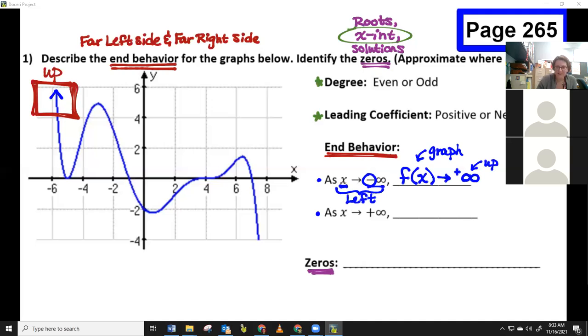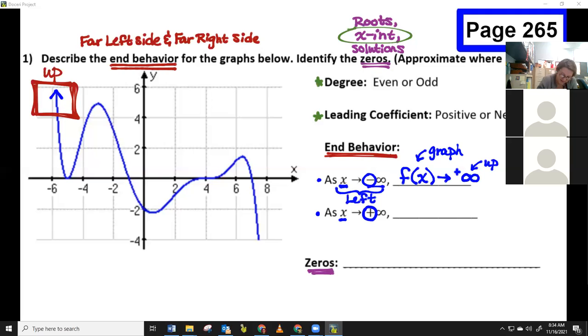All right, let's look at this next math sentence. Up above, it said x with an arrow and then negative infinity. We said that meant we were talking about the left side of the graph. What side of the graph do you think we're talking about when it has the x, but then it has a positive infinity? The right side.